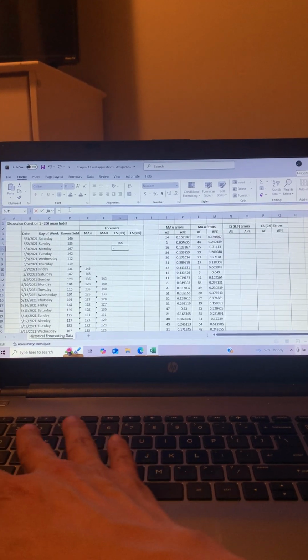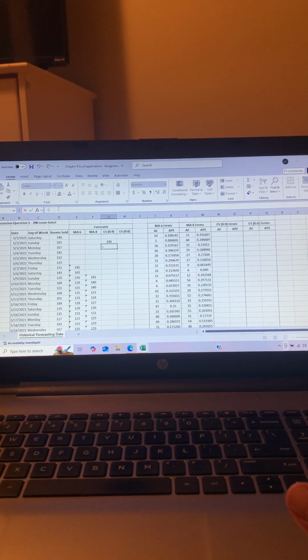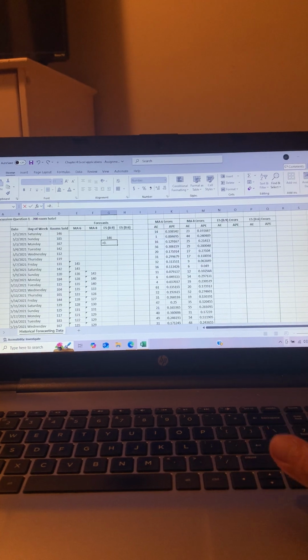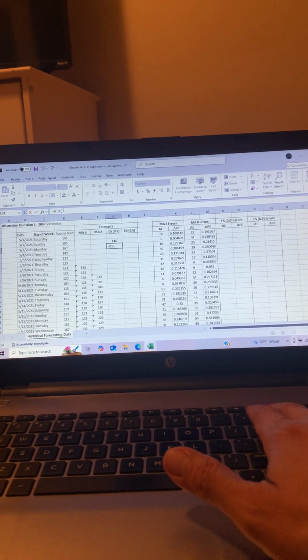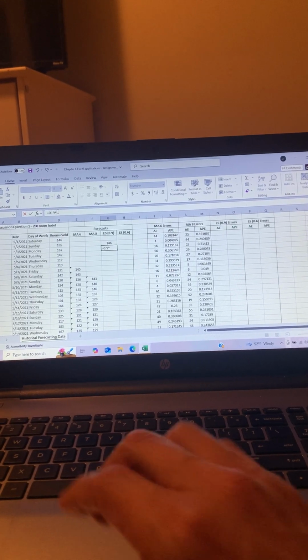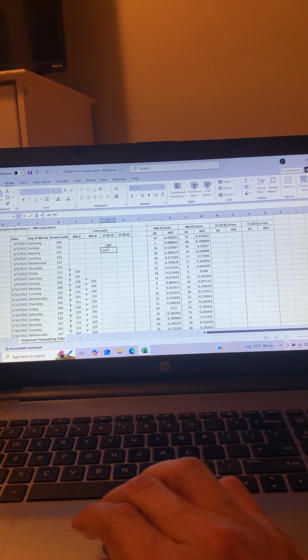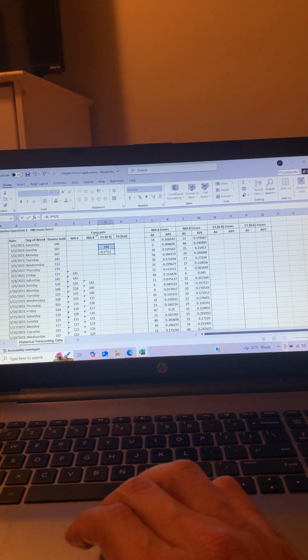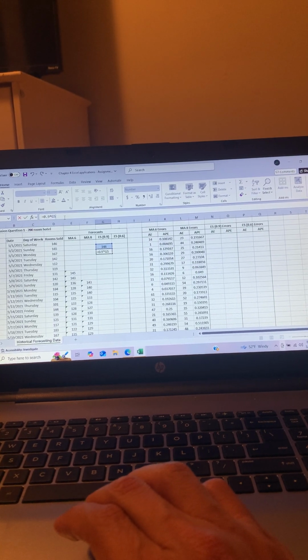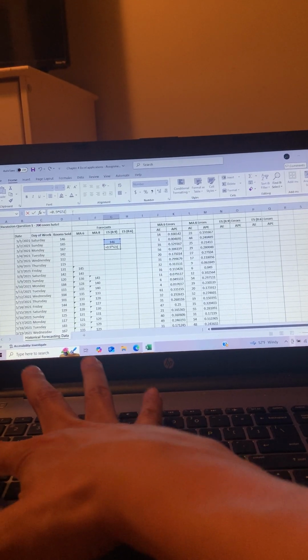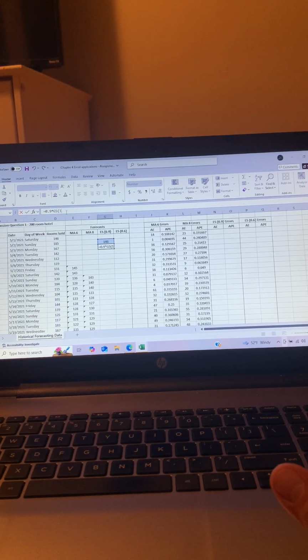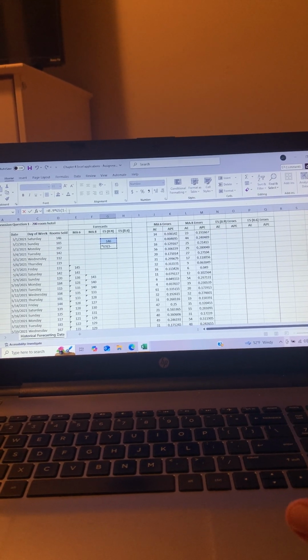So it's alpha times our number, which is G5, 1 minus alpha.